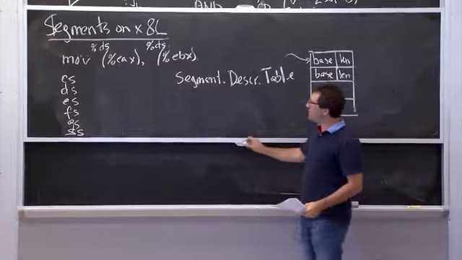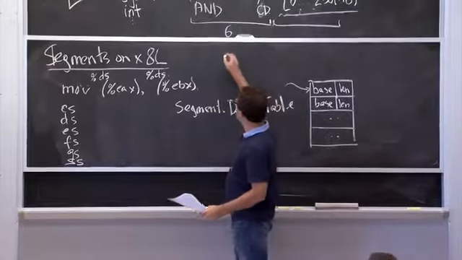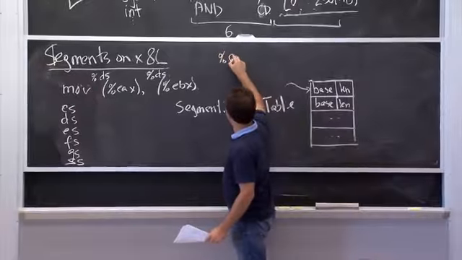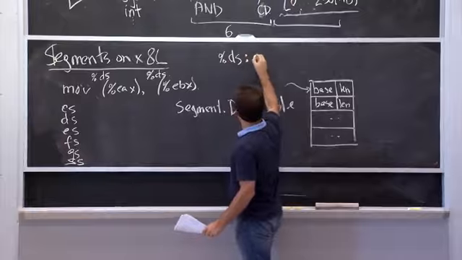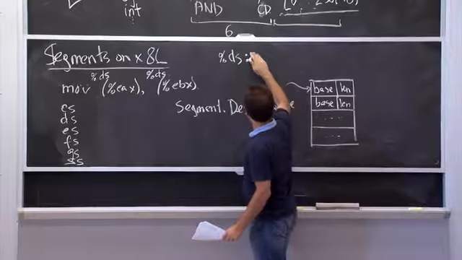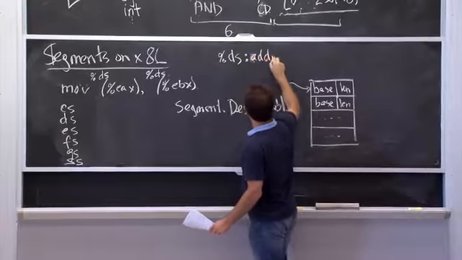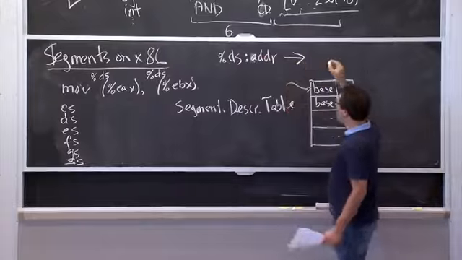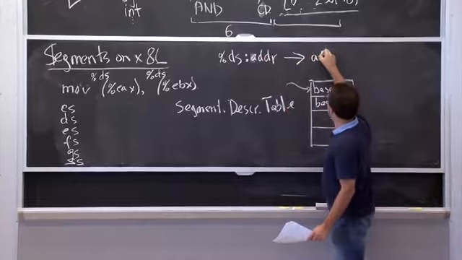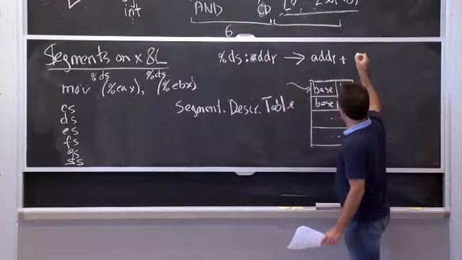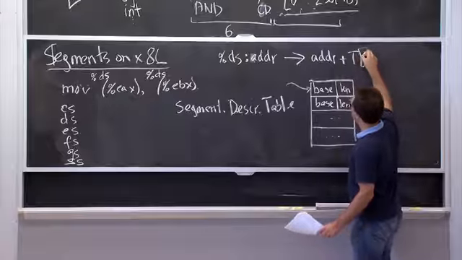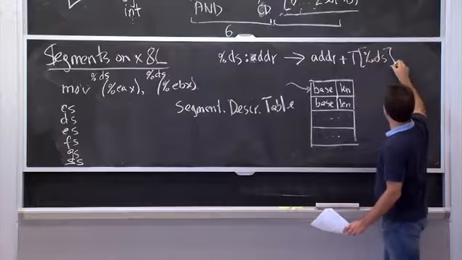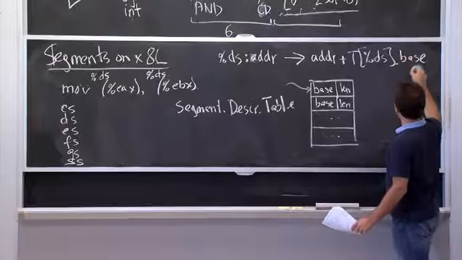Because what happens is if you access some address at maybe some selector DS, colon some offset or some address here, what the hardware will actually do is translate it: it'll take this address and add DS.base from the table to it.